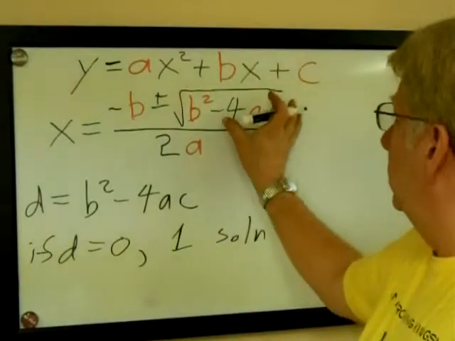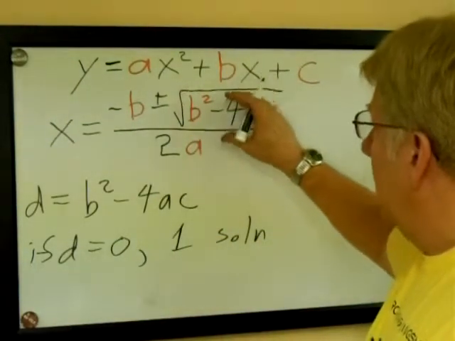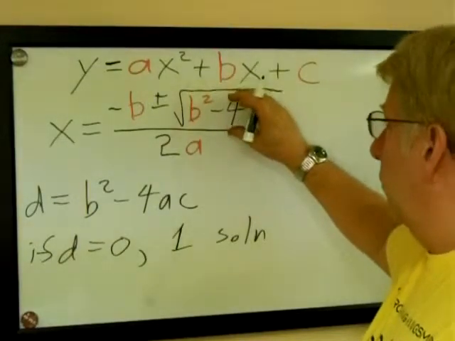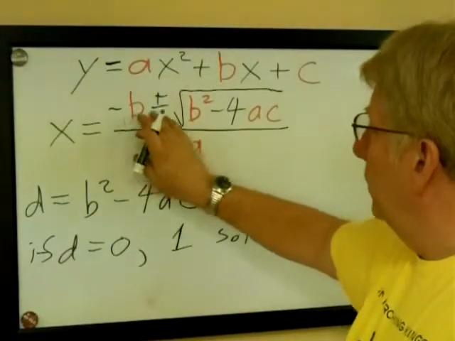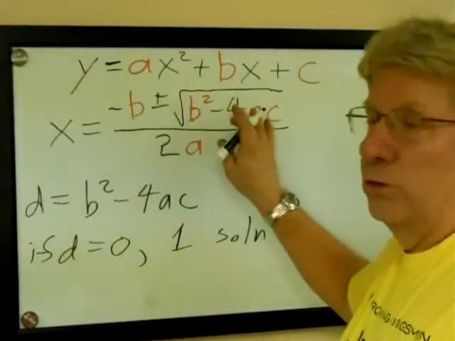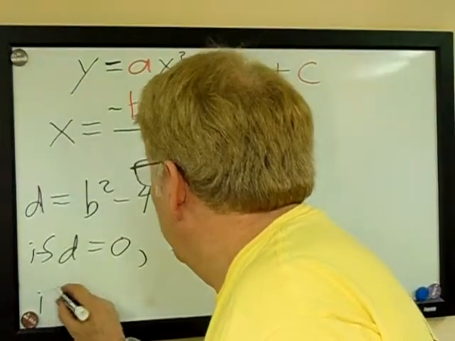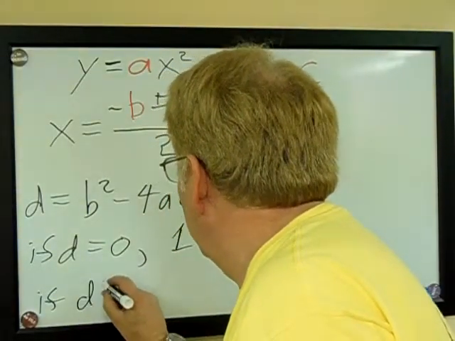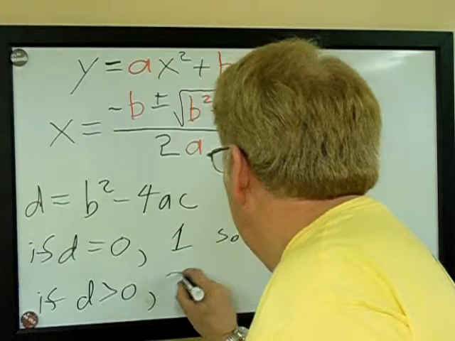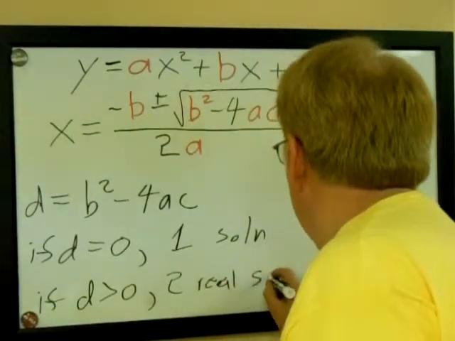Now, if this discriminant is positive, then we have a real number, square root of a positive number, and we have minus b plus this number and minus b minus this number. So we have two real solutions. So if the discriminant is greater than 0, we have two real solutions.